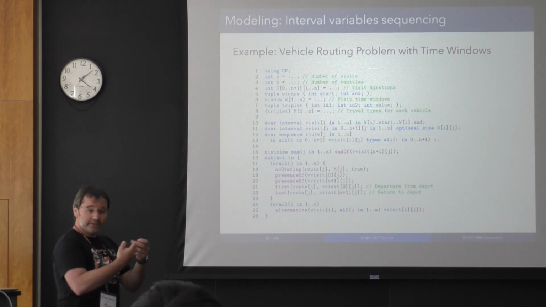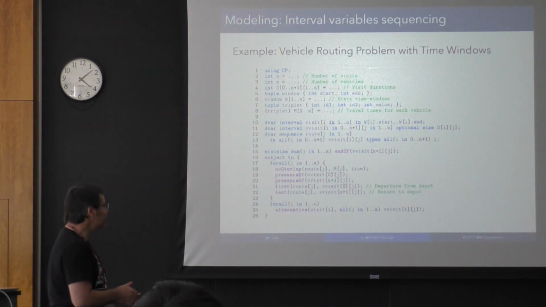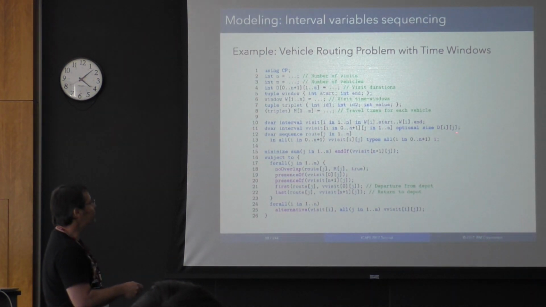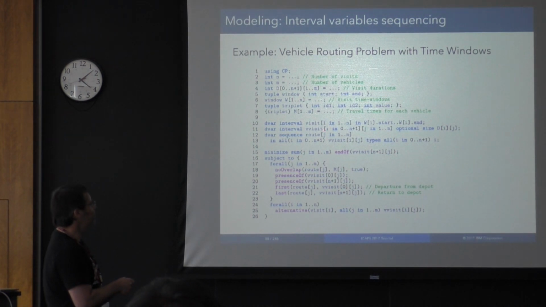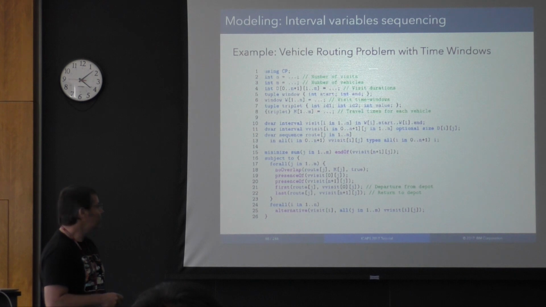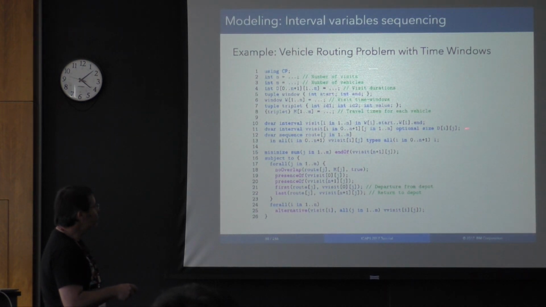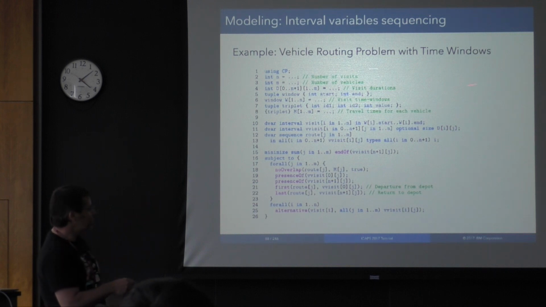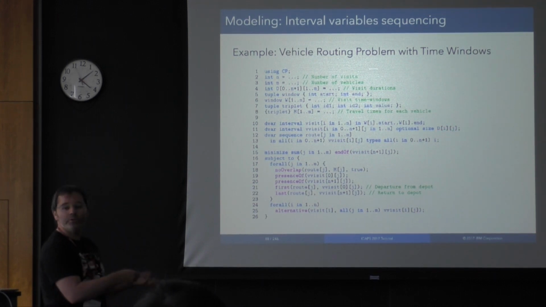It represents the fact, when it is present, that visit i is executed by vehicle j. And in this case we have a little additional fact: here we model that the duration of the visit depends even on the vehicle.